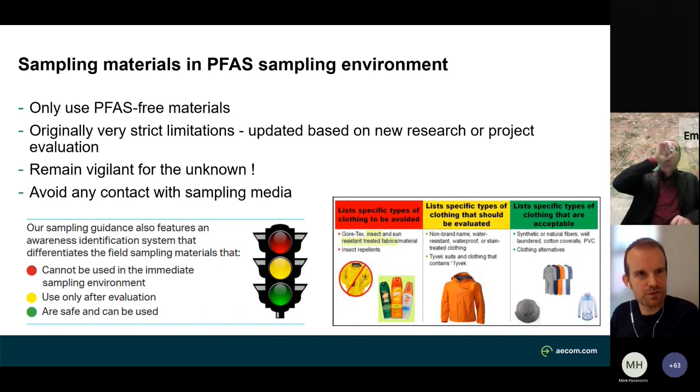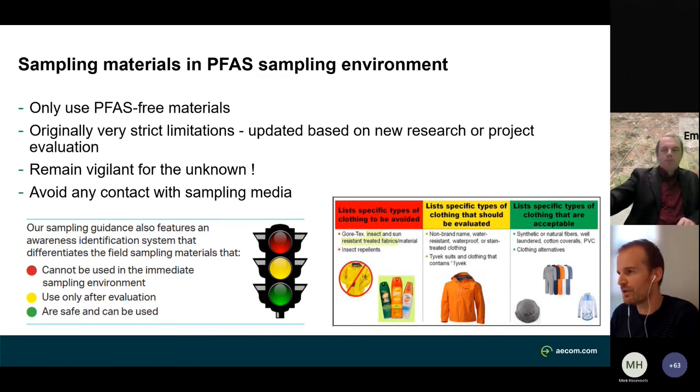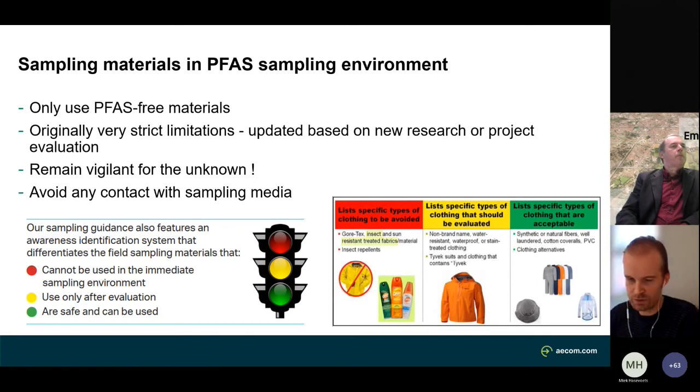It would bring us too far to speak on all kinds of materials in this webinar, but for example, clothing and the PPE that you wear on site are questions that we often get. What can we wear? We know that a lot of items are a risk, for example, Gore-Tex, the water-resistant type of clothing.